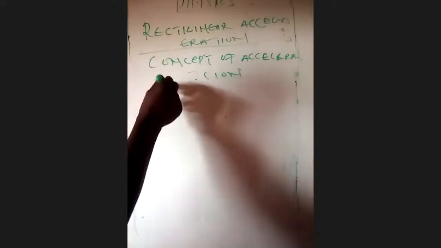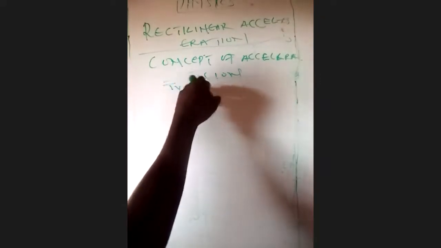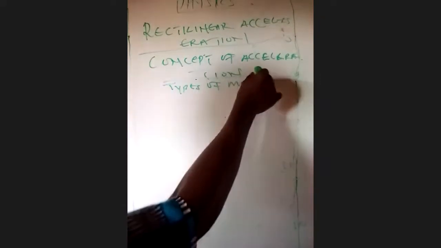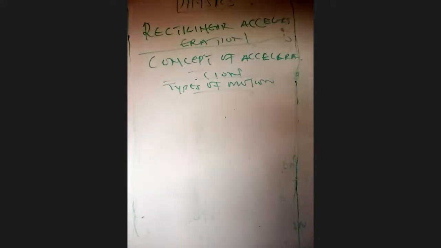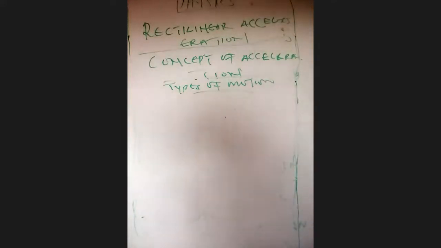Here we talk about some types of motion. Under the concept of acceleration, remember acceleration is the rate of change of velocity with respect to time. There's no way we'll be talking about the change of velocity with respect to time without looking into the motion and the form of motion that brings about the change of velocity.